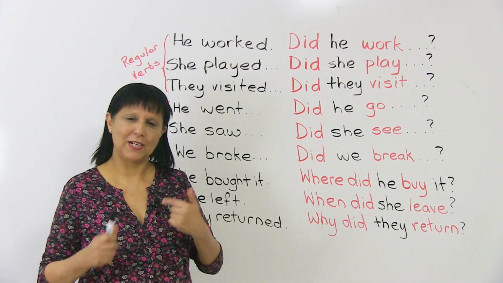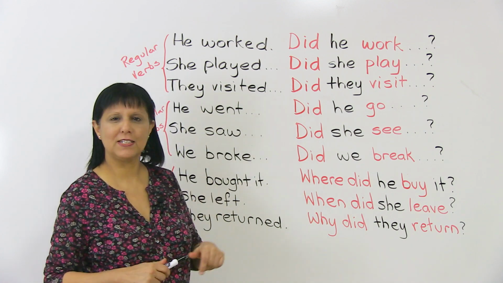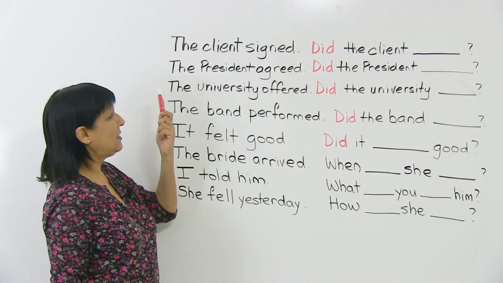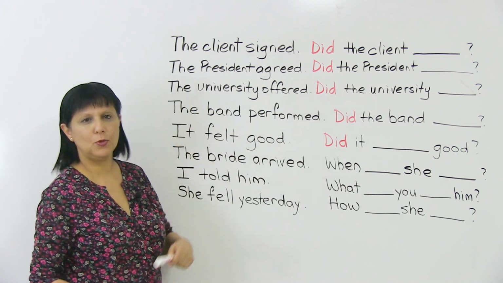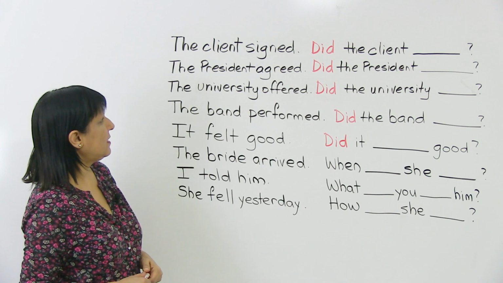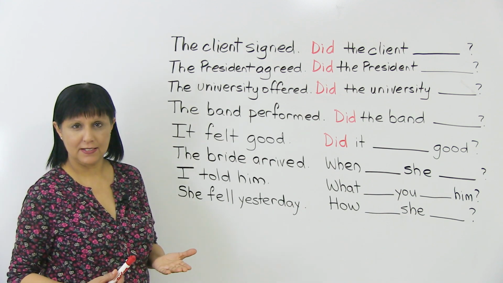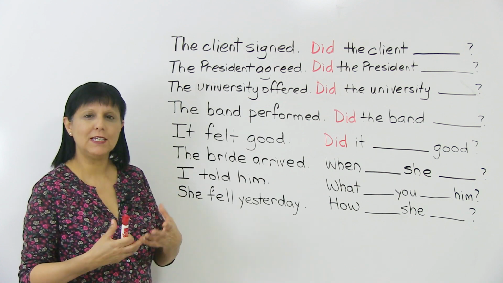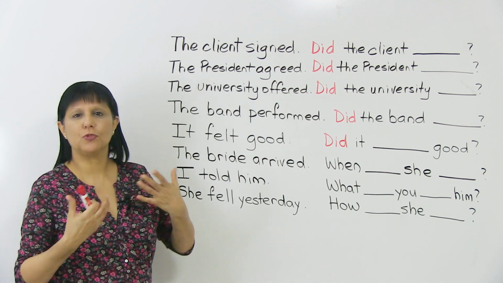In a minute, when I come back, you'll have a chance to practice this a little bit more. So, we'll look at the sentence and then you help me to fill in the question. Okay? Number 1, the client signed. Now, don't worry that in these examples, I've purposely given you a few extra words.